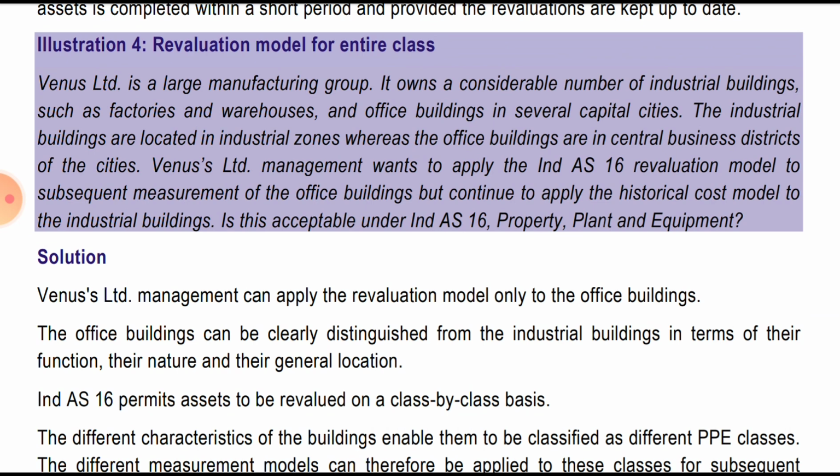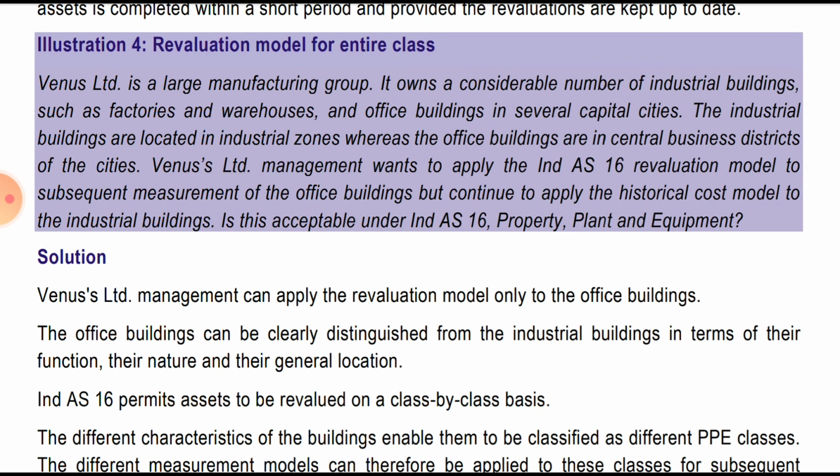So what the company wants to do is apply the revaluation model to the subsequent measurement of the office buildings and continue to apply the historical cost model to industrial buildings. Is it acceptable under Ind AS 16? Yes, it is acceptable because these two are separate classes of assets with separate uses.